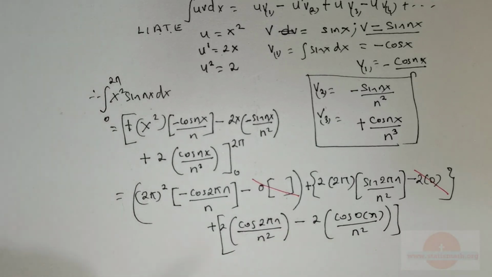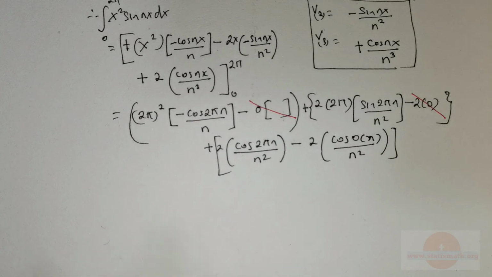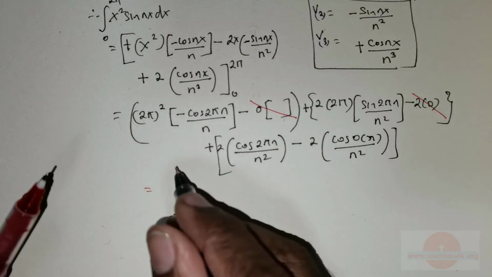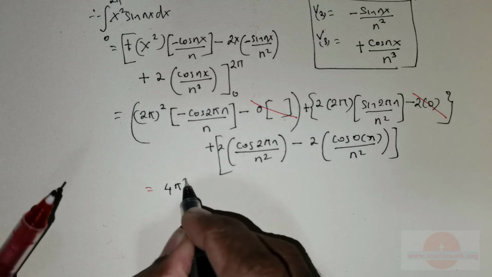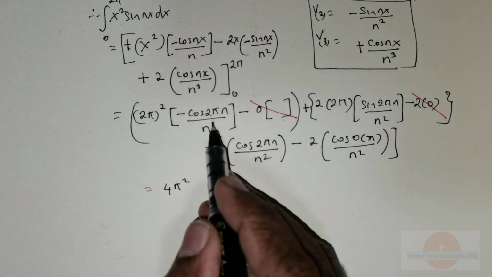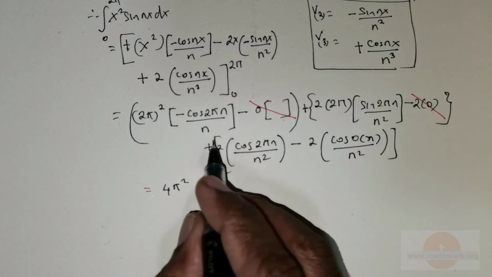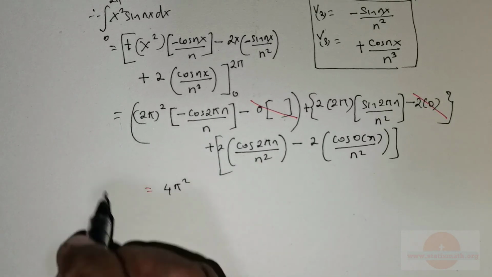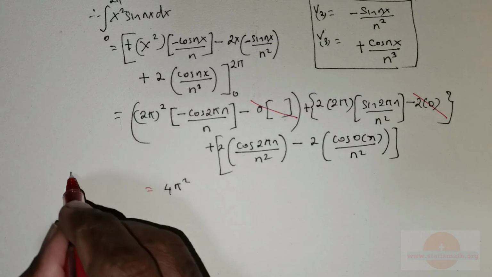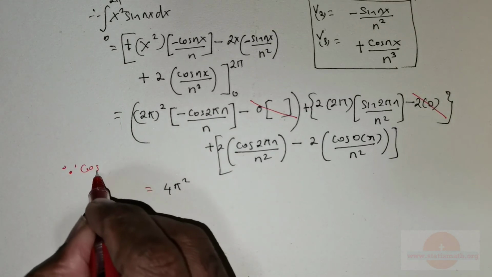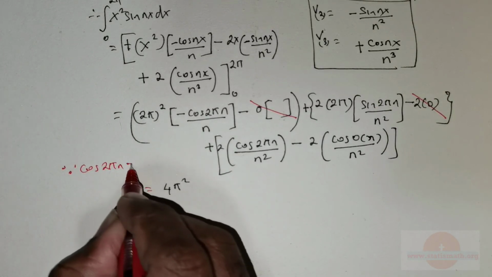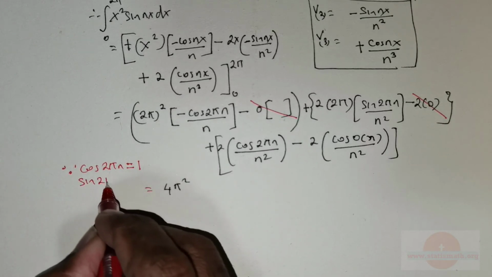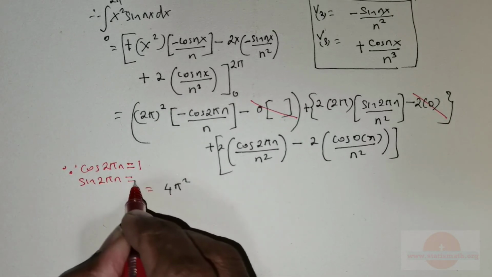Now rewriting this, 2 pi squared is going to be 4 pi squared. Now cos of 2 pi n is going to be 1, you got to know this, cos of 2 pi n is equal to 1, and sine of 2 pi n will be equal to 0.